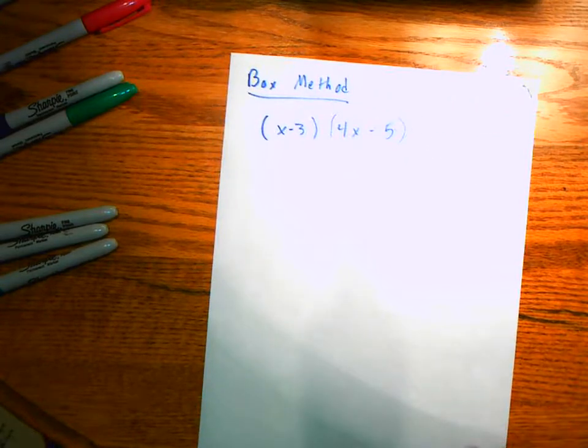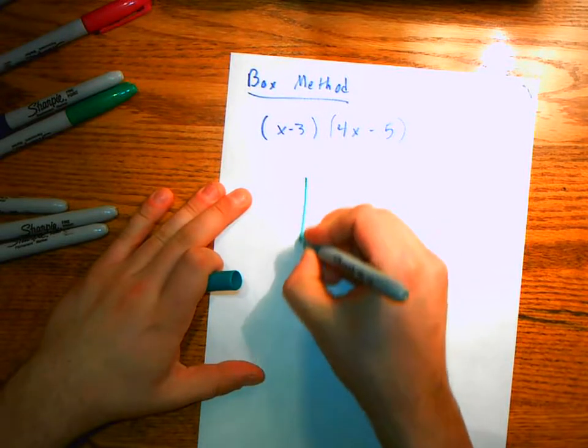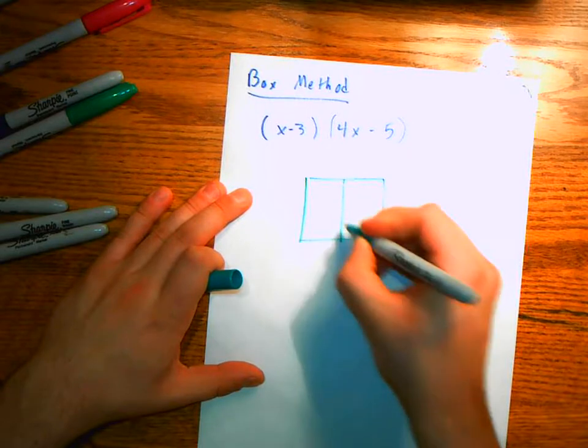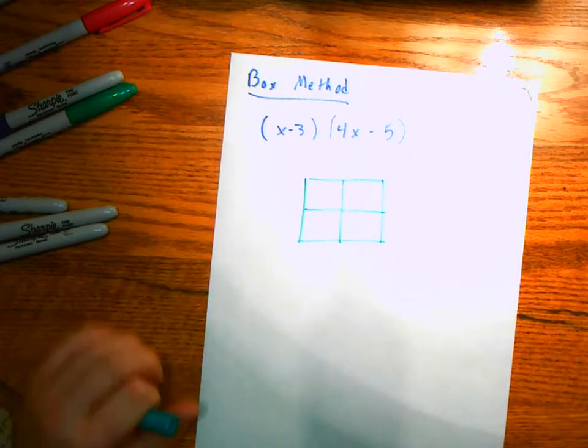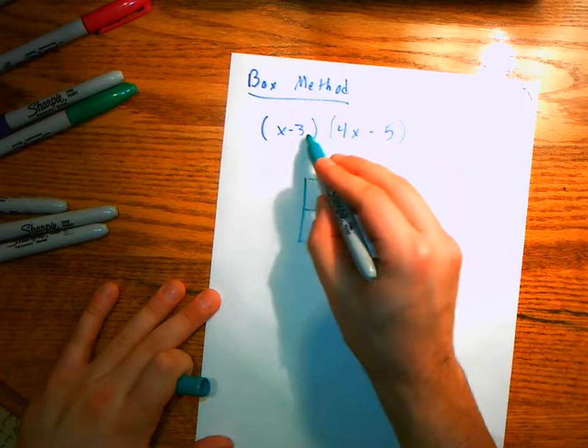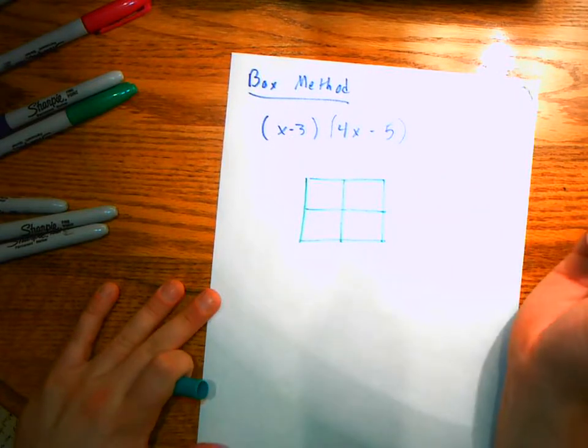The next way, out of the few that I'm going to show you, is what's called the box method. Now the box method gets its name from something that you're going to create when you multiply these two binomials. You're going to create a box. And in that box you need to have a 2 by 2 square, and the top part of your box needs to be the first expression in your multiplication of binomials.